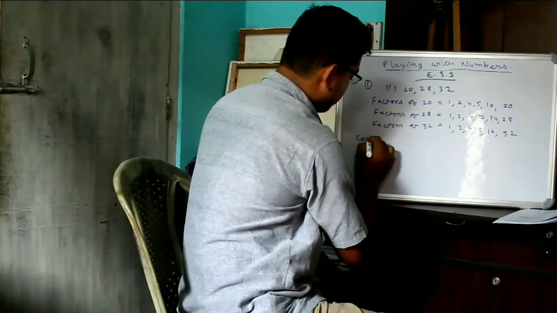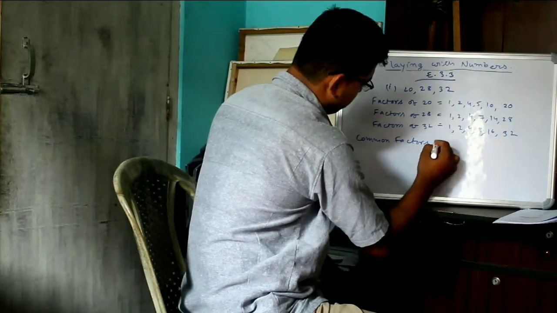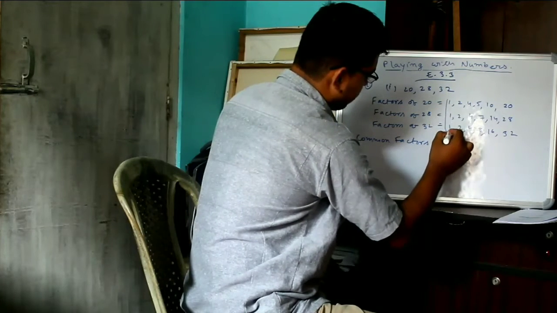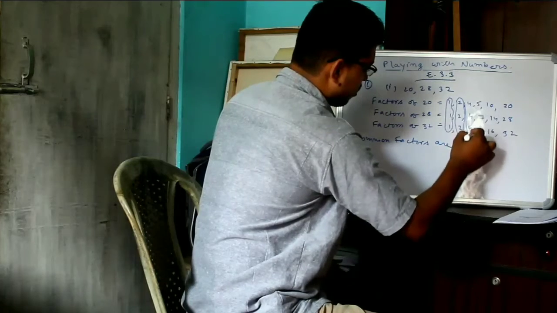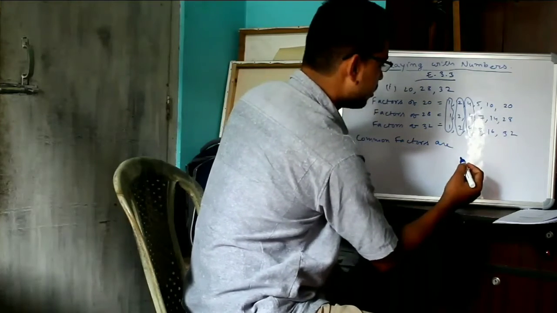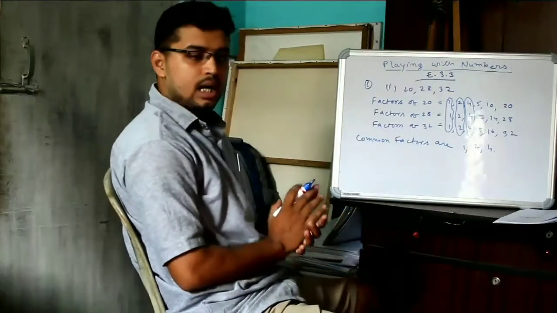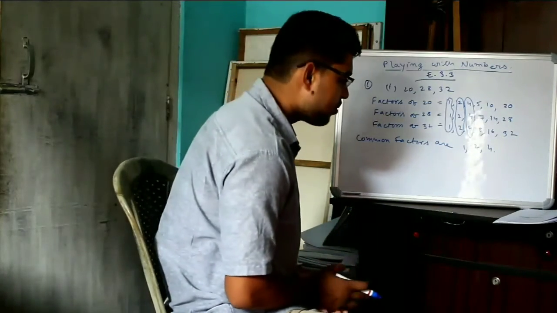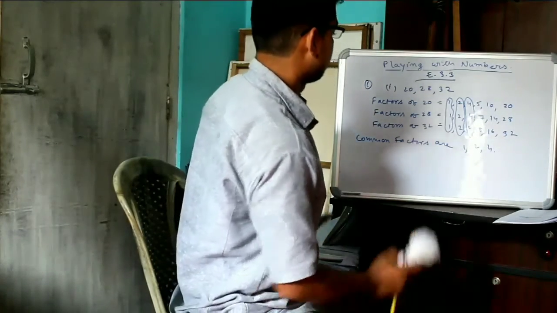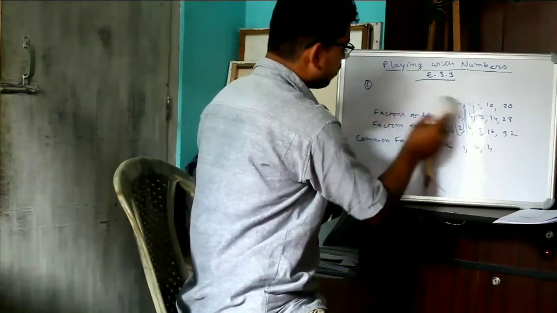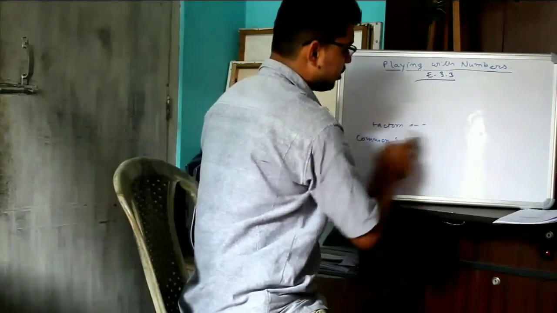The common factors are 1, 2 and 4. So this is the result. By this method we can find the common factors of numbers.